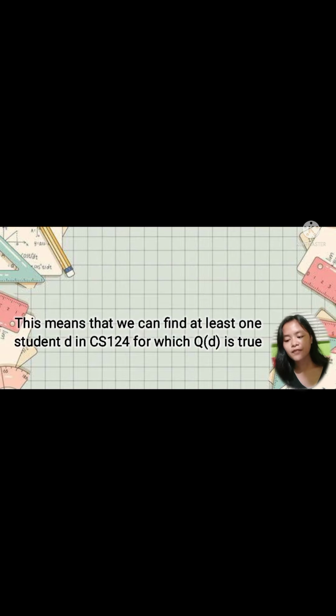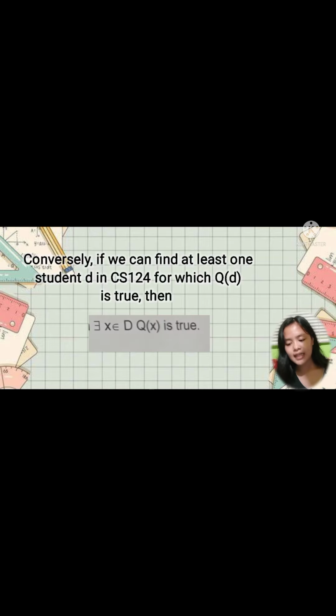This means that we can find at least one student d in CS124 for which Q(d) is true. Conversely, if we can find at least one student d in CS124 for which Q(d) is true, then there exists x in D such that Q(x) is true.